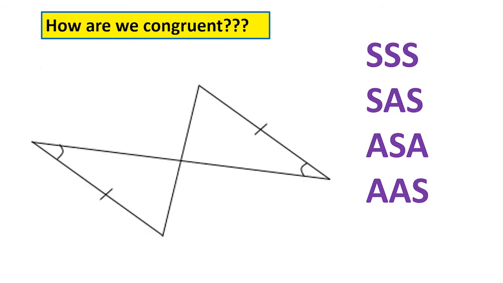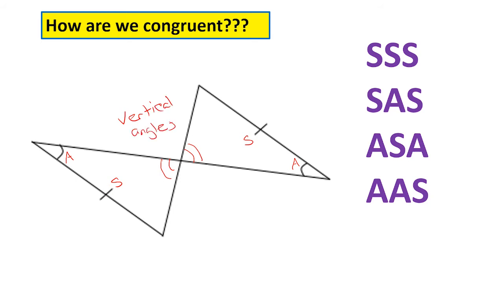Okay, so what about these triangles here? Well, we have congruent sides, all right, and then we have congruent angles. But do we see any other congruent sides or congruent angles? Well, right here, we could say that these two angles are congruent because they are vertical angles.